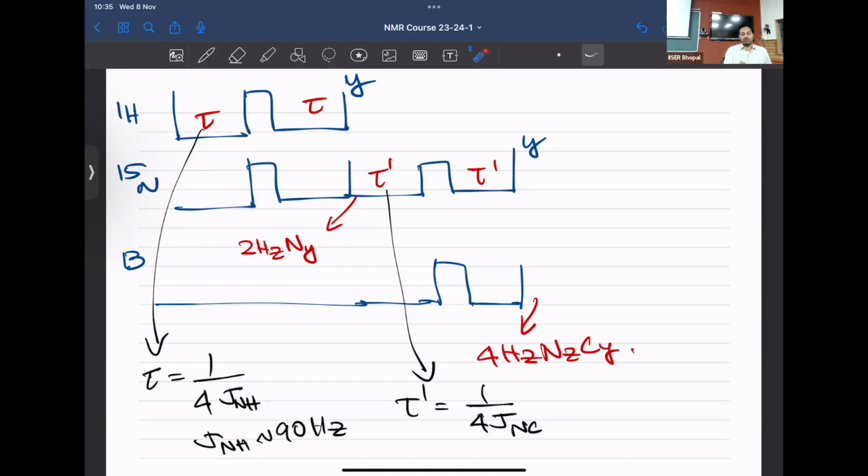You believed relaxation did not affect much in this 5 milliseconds, but slowly relaxation will start to play a role. As much as you want to transfer to as many atoms and get as many frequency labels, you cannot do it infinitely because you're going to lose coherence due to relaxation while you implement this experiment. So this is the flip side of it. The advantage is that you get higher resolution. The flip side is that you're going to lose sensitivity.